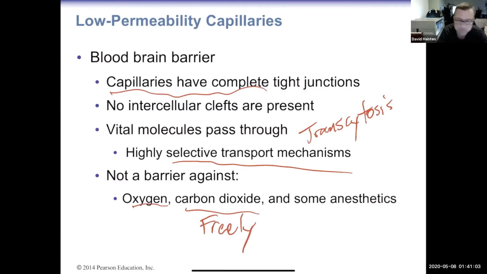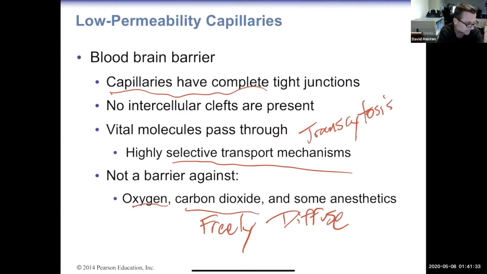Recall the plasma membrane of cells is selectively permeable. It's a traffic cop. But what the plasma membrane cannot stop are small nonpolar molecules like oxygen, CO2, and some other things. I think alcohol crosses it as well. Anything else is blocked. Can't get through except endocytosis, exocytosis, transcytosis.